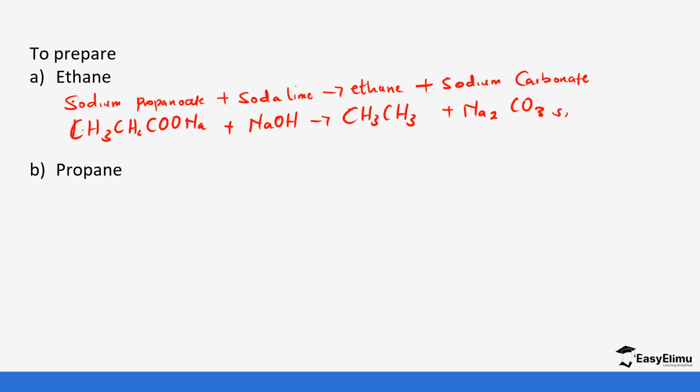For propane, we're going to use sodium butanoate plus soda lime, which is going to form propane plus sodium carbonate.